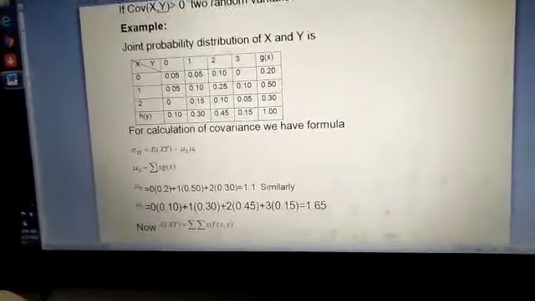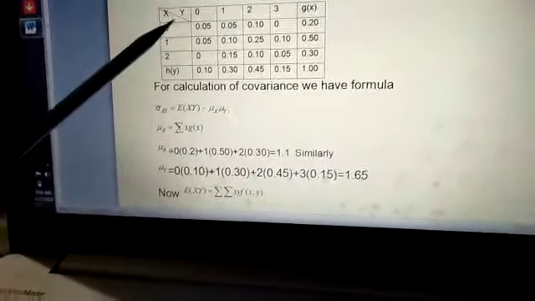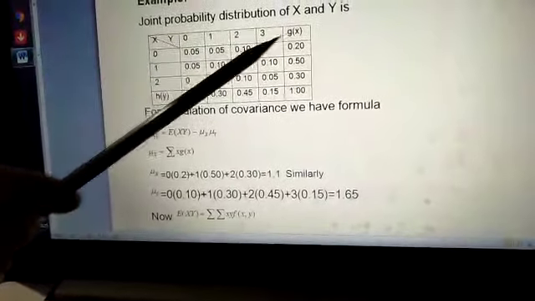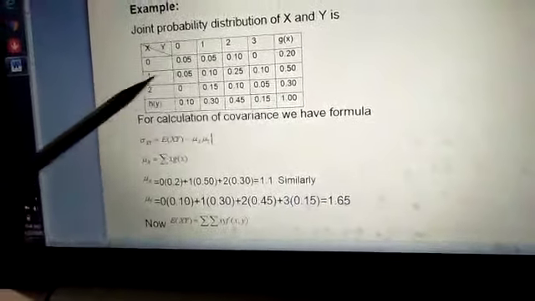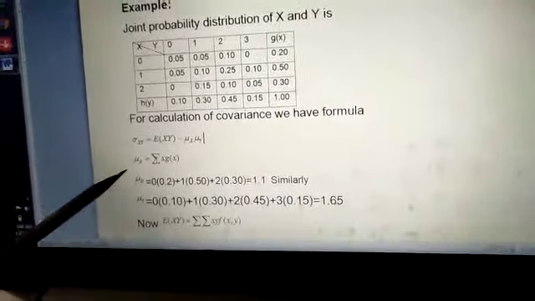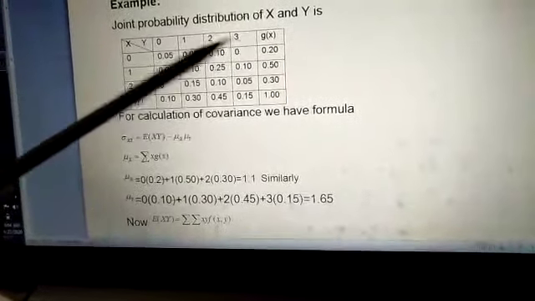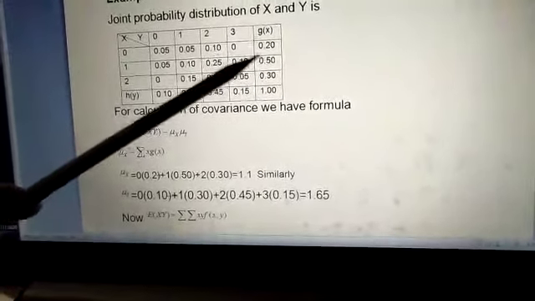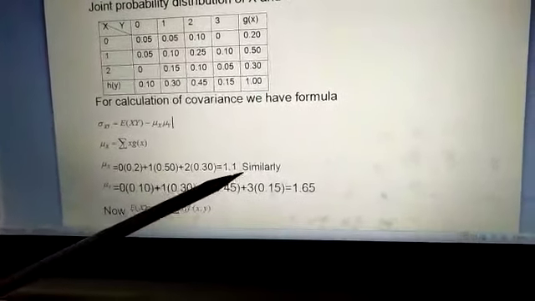We would utilize the marginal probability distributions, and here we can see that the value of x is 0 with probability 0.2, 1 with probability 0.5 and 2 with probability 0.3. Using these values, mu x is 0 into 0.2 plus 1 into 0.5 plus 2 into 0.3, and the answer is 1.1.